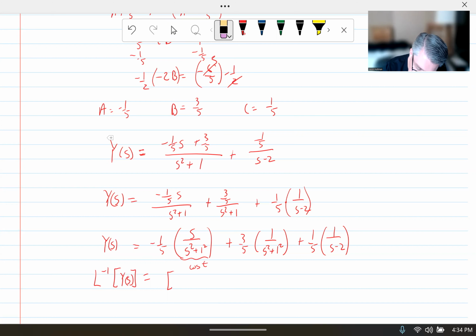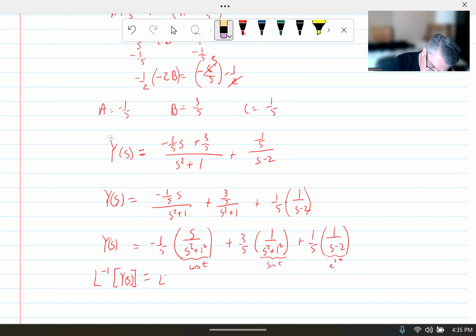This guy here is b over s squared plus b squared, which is sine t. And this guy here, 1 over s minus 2, well, that's just e to the 2t. That's why I kind of set it up the way that I did.